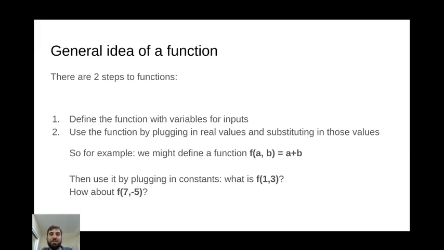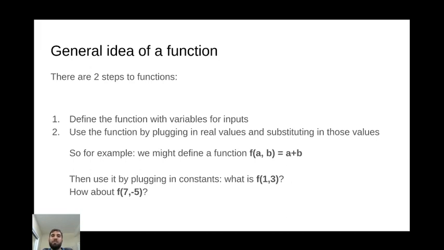Now this is trivial because our function basically does what we could do in one step anyway, which is just add the two inputs. But imagine we had many intermediary steps, and we say f(a, b) is a plus b divided by b to the power of a, all of this stuff. Then having the ability to define it and then just plug in the input values saves us a lot of work.